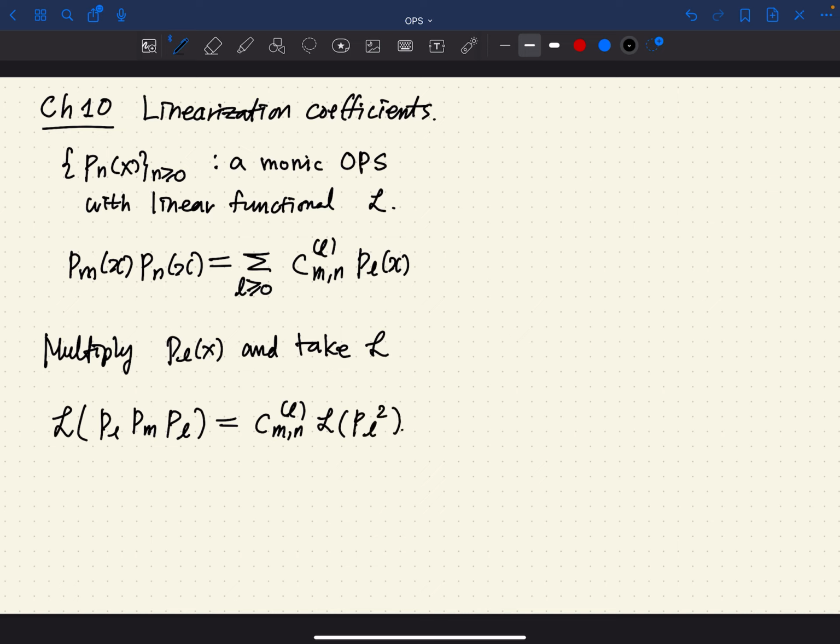The other terms will all disappear by the orthogonality. That means this coefficient in the linearization is L of p_m p_n p_l divided by L of p_l squared.